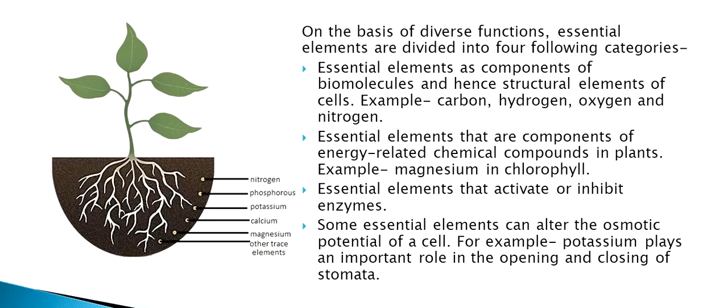Essential elements that are components of energy-related chemical compounds in plants. Example, magnesium in chlorophyll. Essential elements that activate or inhibit enzymes. Some essential elements can alter the osmotic potential of a cell. For example, potassium plays an important role in the opening and closing of stomata.